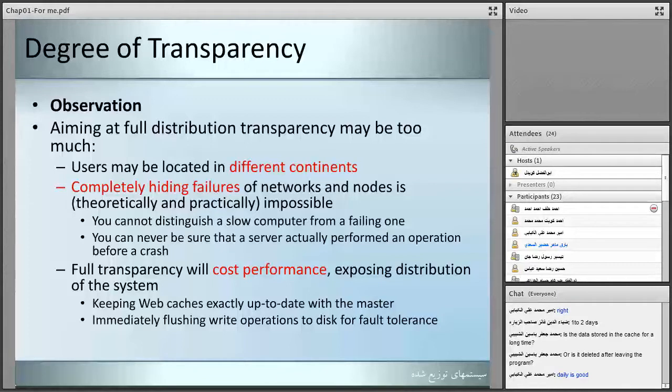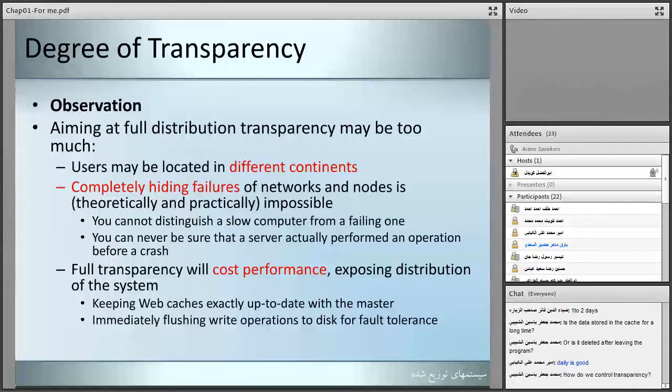So, in this case, we don't have full transparency. Why don't we have full transparency? Because some inconsistency may occur. If the master website changed the template, some news, some text, or some pictures, you will not be aware of it until your cache file is updated.